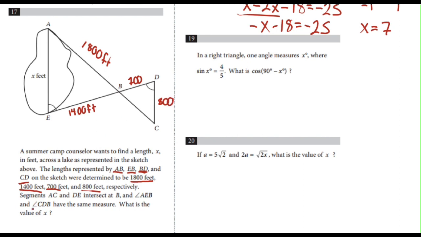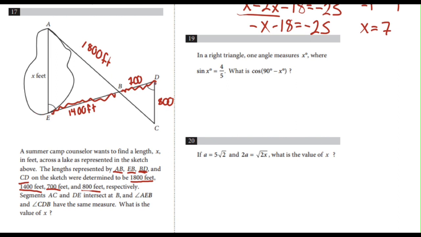The rest of the question basically tells us that both of these triangles are similar. So therefore, each of their lengths are going to be proportional. Notice here BD and EB are on the same side. And if you notice, BD is half of ED. So we can come to the conclusion that in the triangle BCD, each measure or length is going to be half of that in ABE.